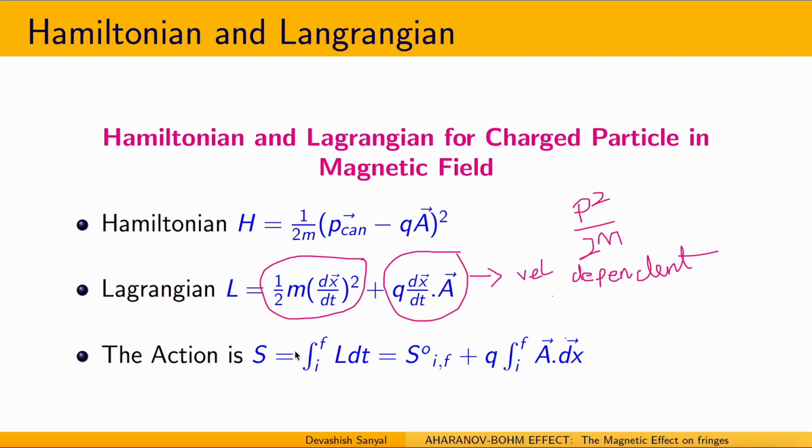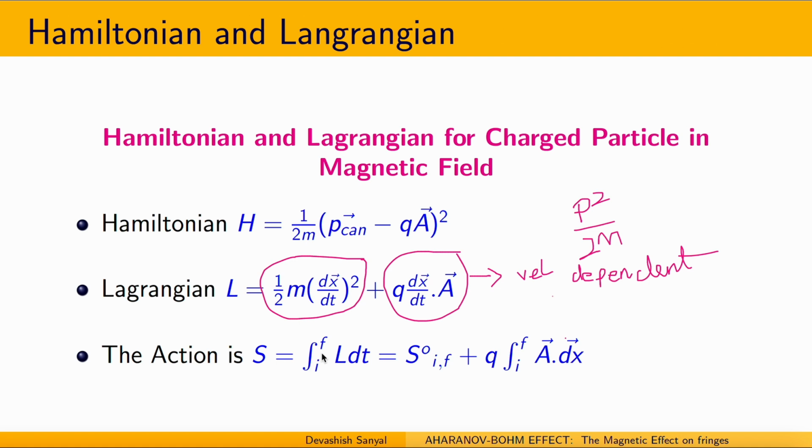We also define something very important in Lagrangian mechanics, which is called the action. So this action is the integral of L dt. This is evaluated along a very particular path, starting from some initial position and ending at a final position.